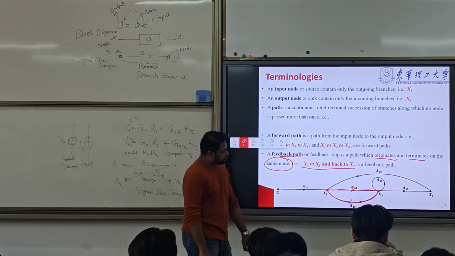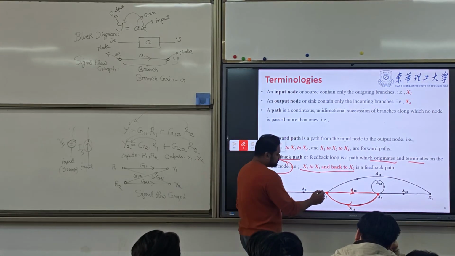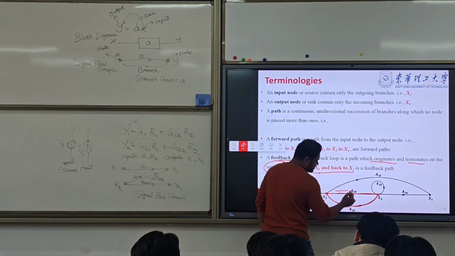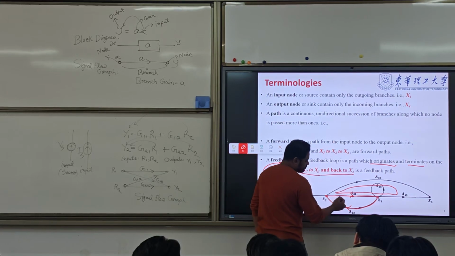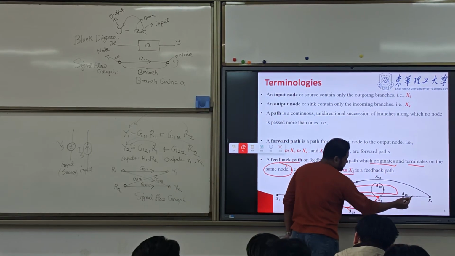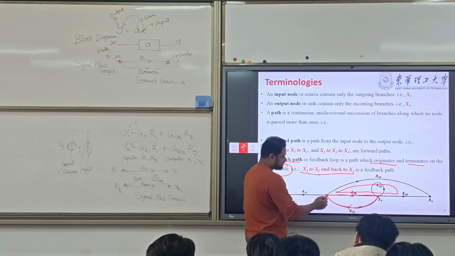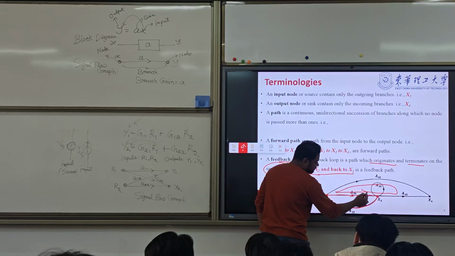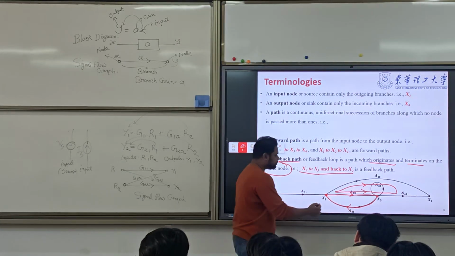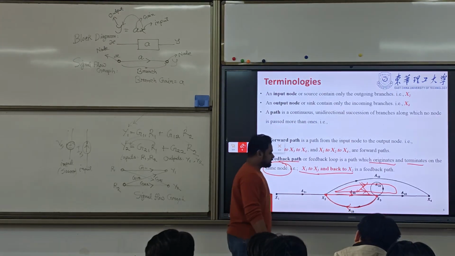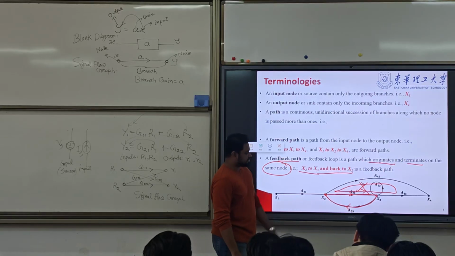So in this example, do we have any other feedback? Look, if we talk about this, x2, x3, x4, is it feedback? Look, forward direction. This is forward direction. Is it feedback? No. So we have only one feedback path in this example.